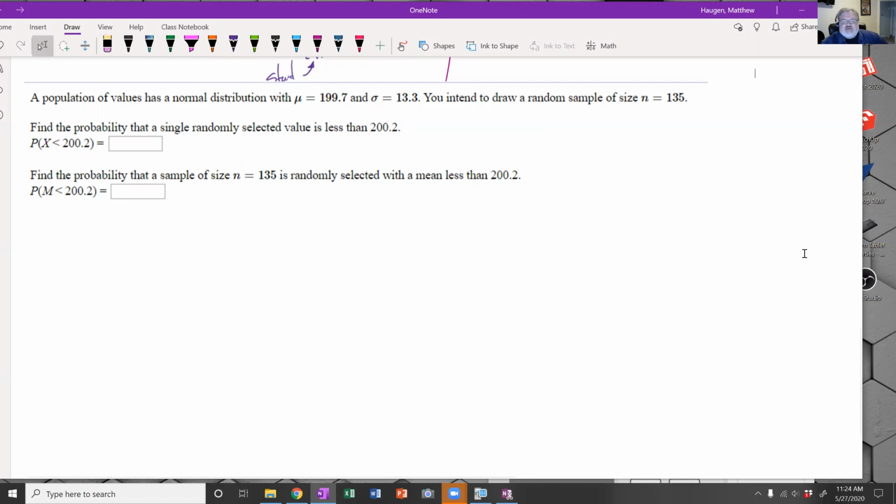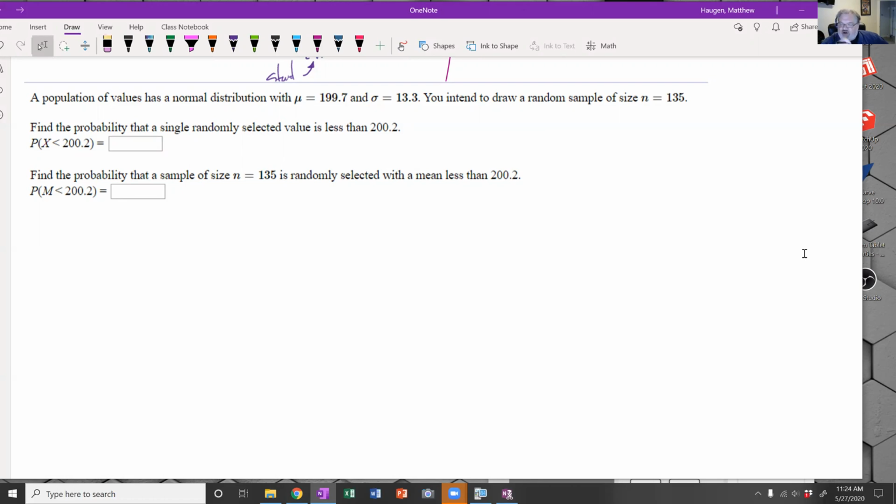So this problem number 7 from Tessa. A problem's value is normally distributed. Okay, normally distributed population means it doesn't matter what the sample size is. We know we're going to have a normally distributed sampling distribution. So the population has values normally distributed with that mean and that standard deviation.